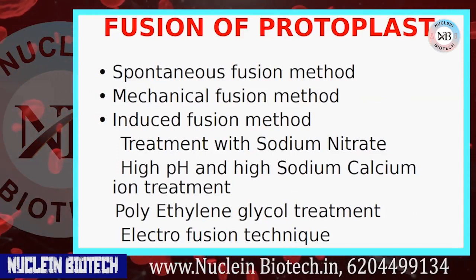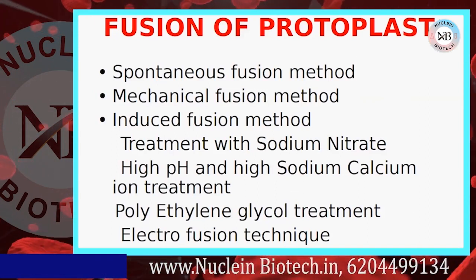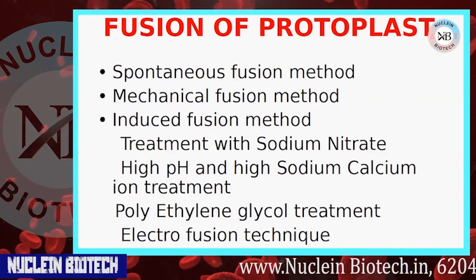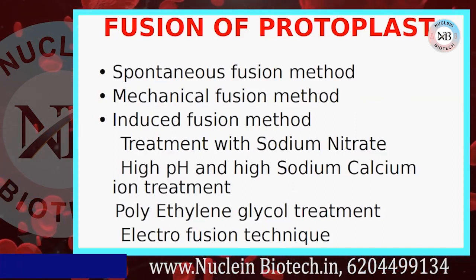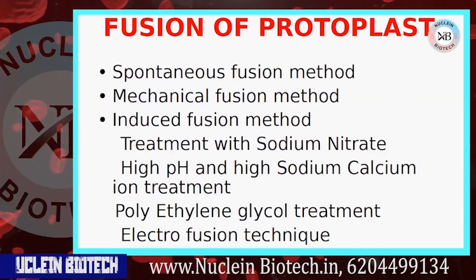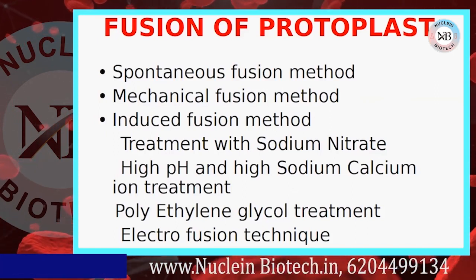Now next is the induced fusion method. In this, isolated protoplasts are fused by fusogens. Fusogens are nothing but fusion inducing agents, for example NaNO3, high pH, high calcium ion, PEG, which we are going to study further.